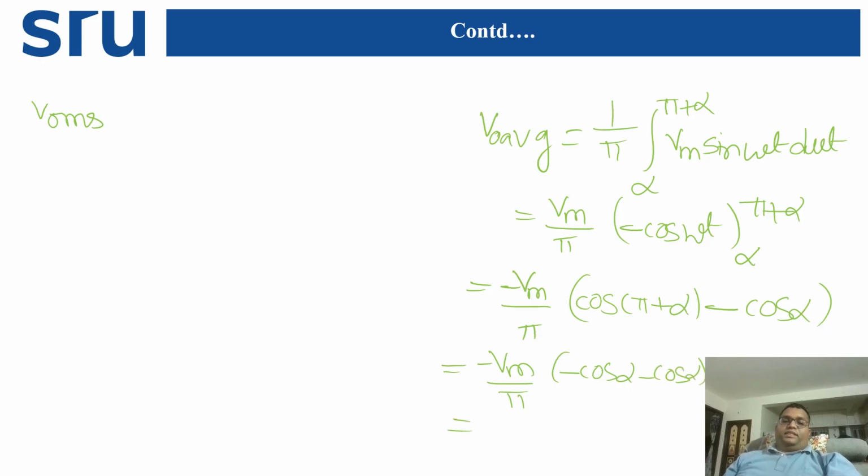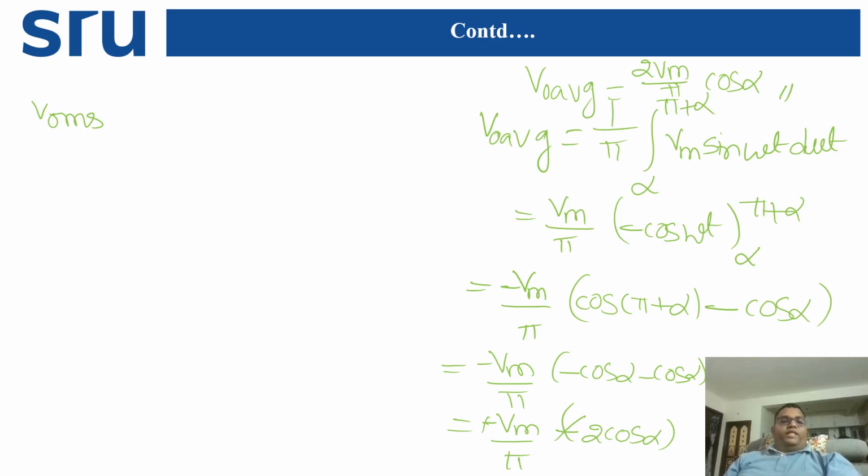Then 2 cos alpha will come, as minus minus gets cancelled. Written clearly: minus Vm by pi times minus 2 cos alpha. So the minus signs cancel and finally V naught average is equal to 2 Vm by pi cos alpha. This is the final formula for the average voltage.